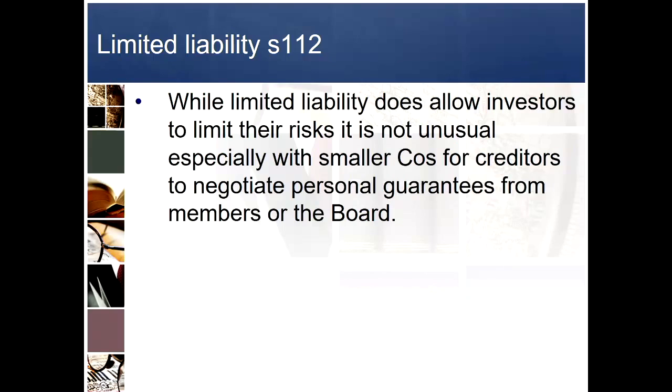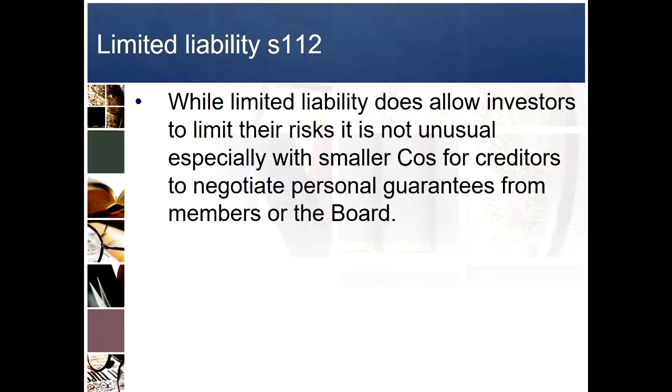So one of the things banks will usually do, and they're specifically allowed to do, is to seek a personal guarantee from the company directors. And a personal guarantee, if you think about it, is a way around the corporate veil.